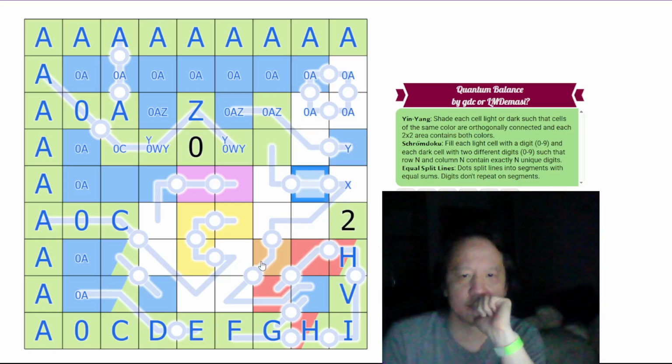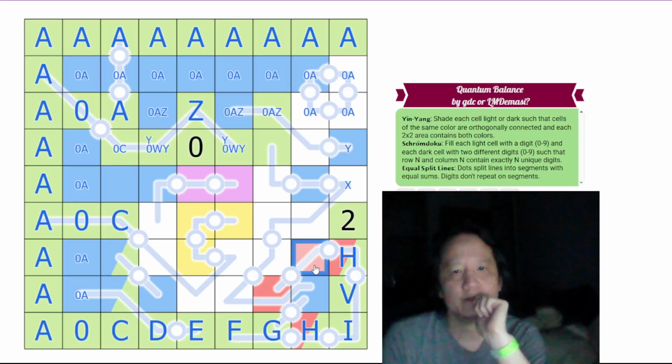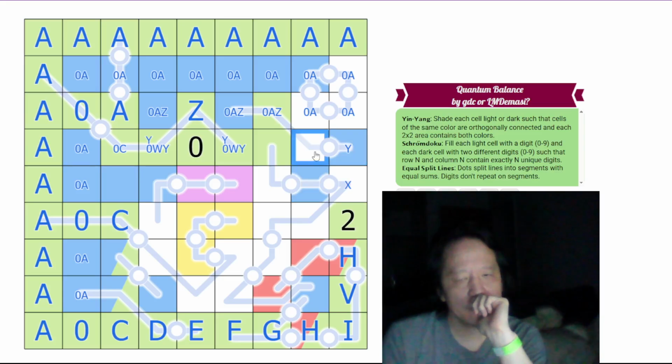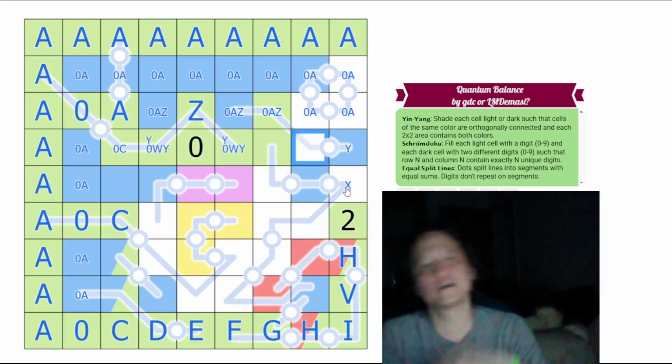So this is the same sum as this, but we don't know what it is. We have a blue diagonal here. Okay.